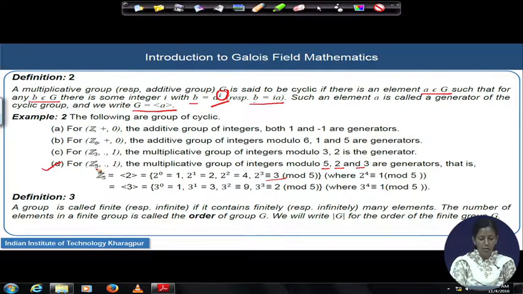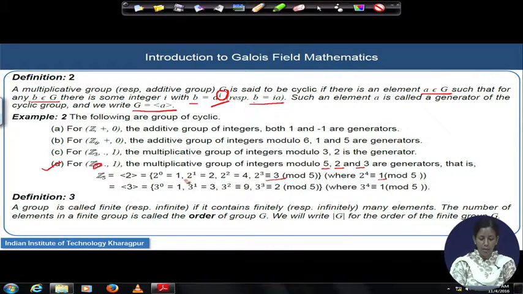This is a modulo operation on the numbers. If I increase to 2 to the power 4, it is 16, and with the mod 5 operation I end up with 1, which is an element of this group.